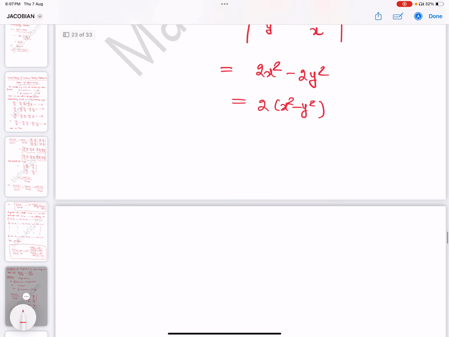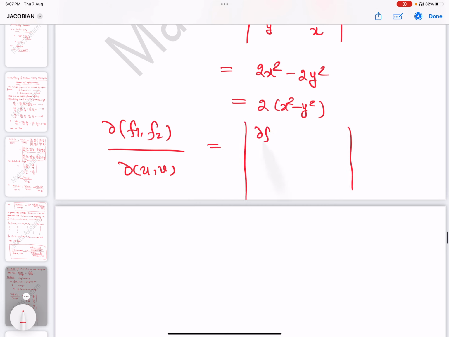Now del f1, f2 with respect to uv: del f1 del u, del f1 with respect to v, del f2 with respect to u, del f2 with respect to v.